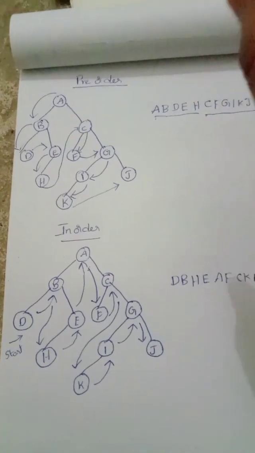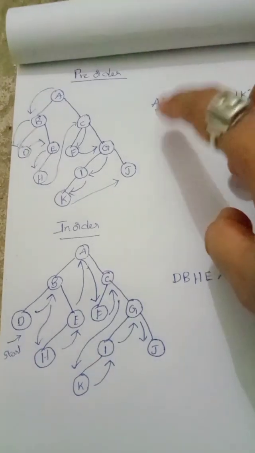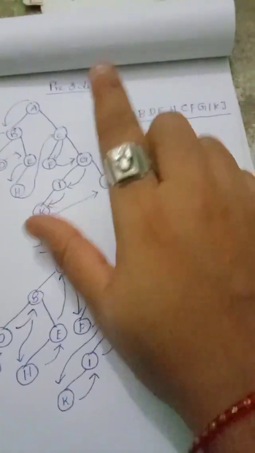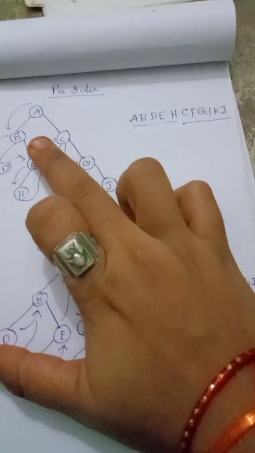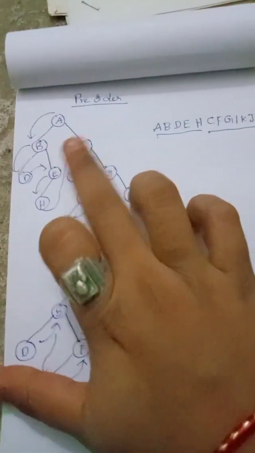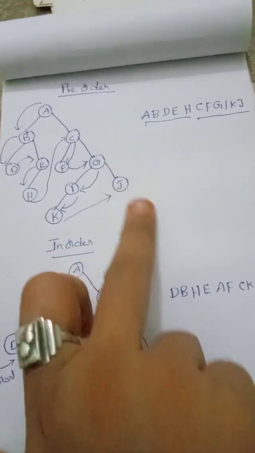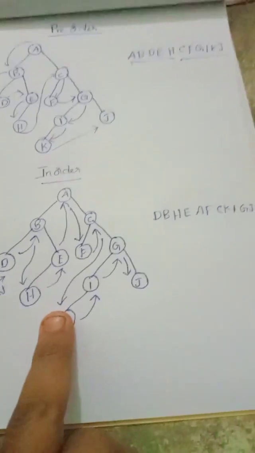The most common three traversals are in-order, pre-order and post-order. In pre-order, first of all take the root node and we take the parent nodes one after other. Understood? And now take in-order.